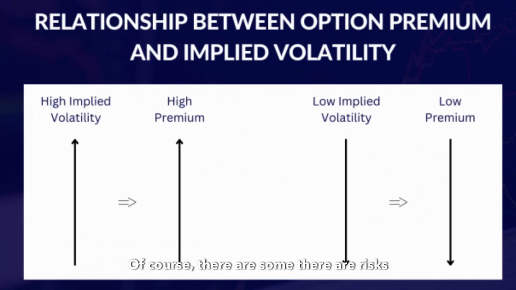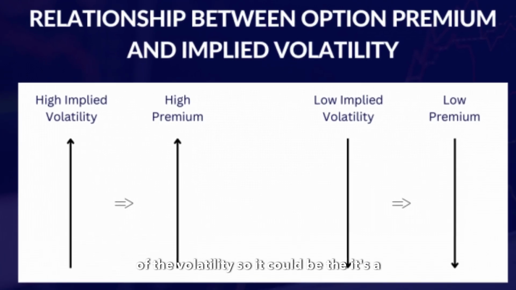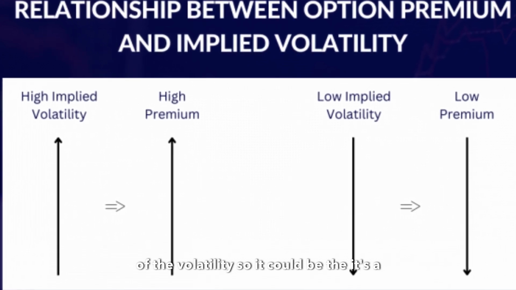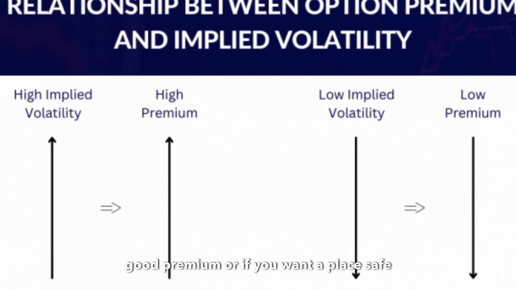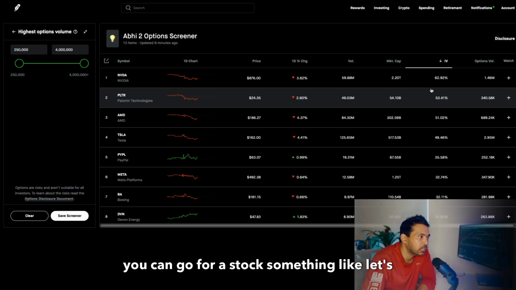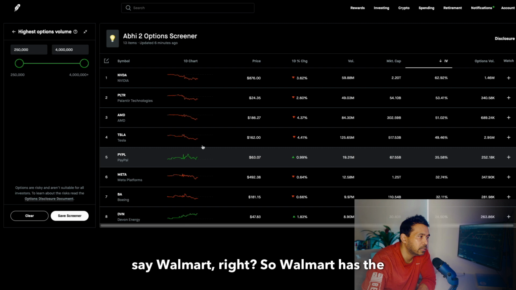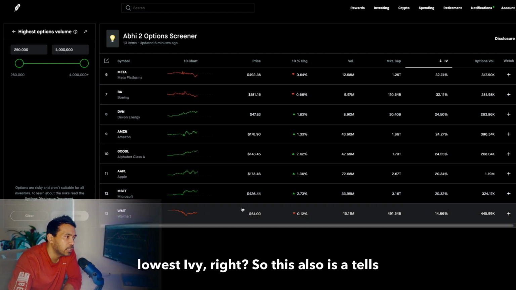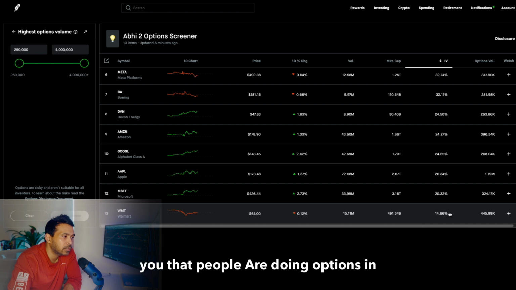Of course, there are risks of the volatility, so it's a kind of a trade-off. Whether you get good premium, or if you want to play safe, you can go for a stock, let's say Walmart. Walmart has the lowest IV, which also tells you that people are not doing much options in Walmart.